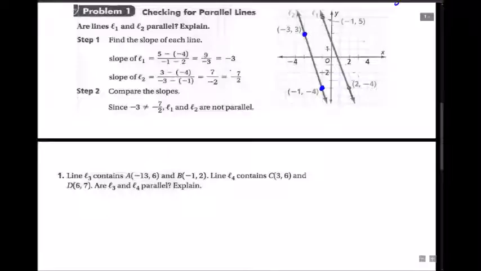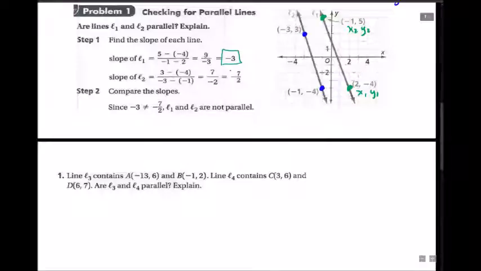I take my 2 points, that's not L1. L1, find my 2 points. Label it x1, y1, x2, y2. Substitute it into my formula, and I find the slope of L1 is -3.